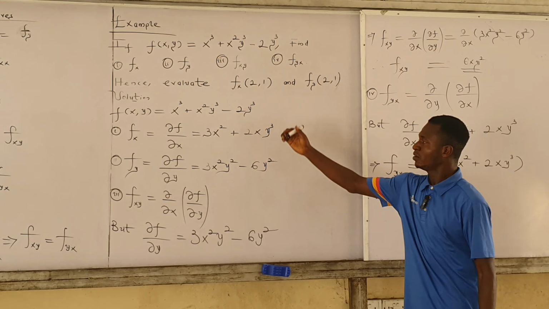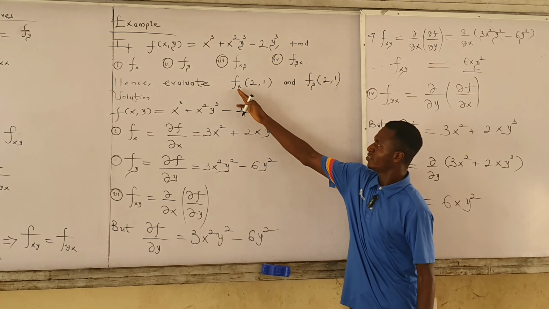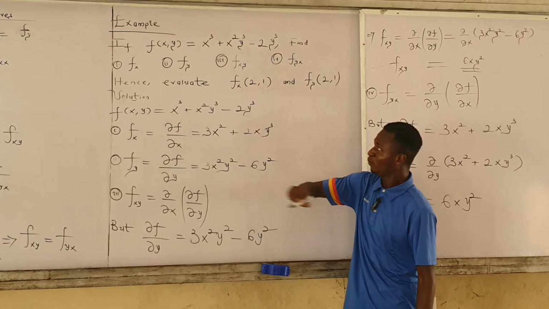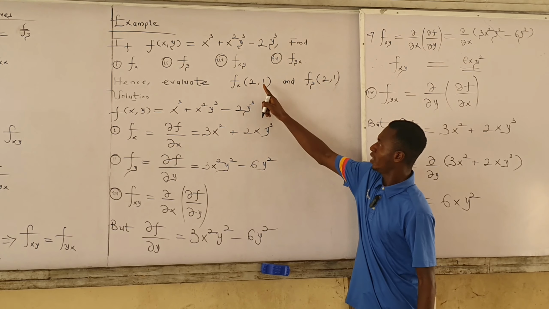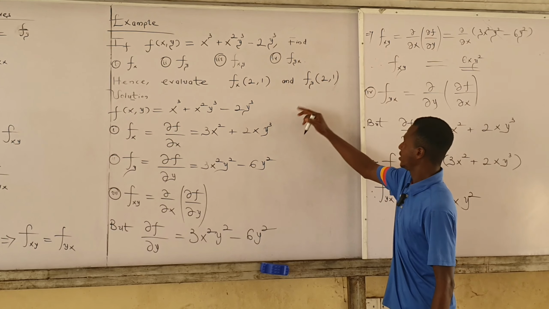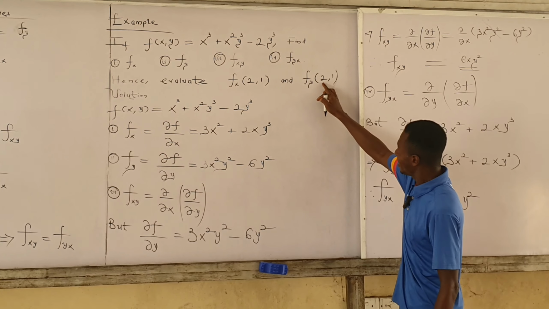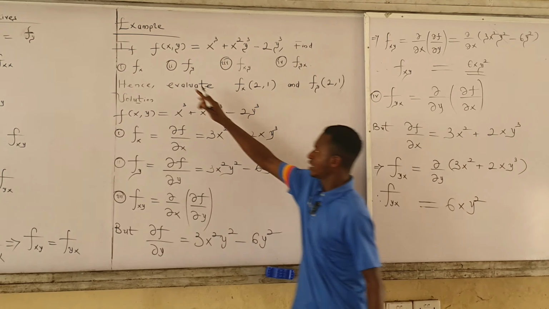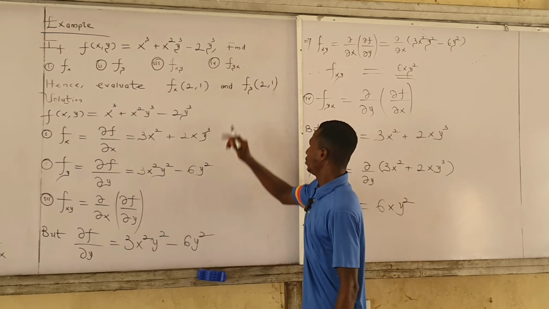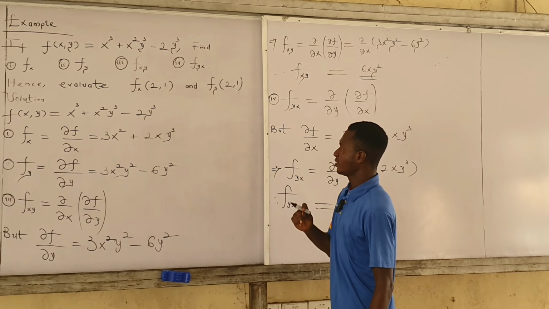So it says that evaluate the partial derivative of the function with respect to x, where x is equal to 2 and y is equal to 1, and f subscript y when x is equal to 2, since we're given x and y, the variable x is equal to 2 and y is equal to 1.